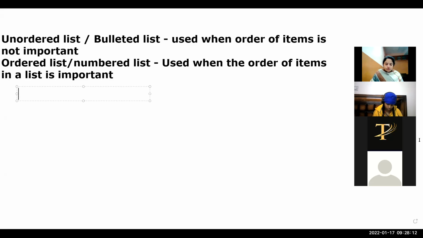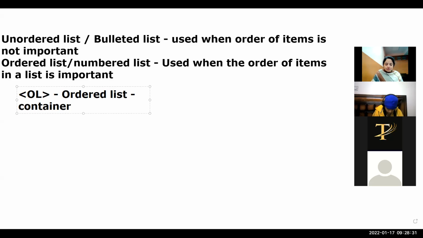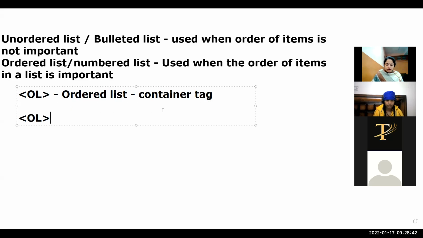Now here, ordered list, we can start with the OL tag. The full form of this is ordered list. It is also a container tag like the unordered list. That means it should be closed. I will type OL, then type the list items that I want to add, then close the OL tag.